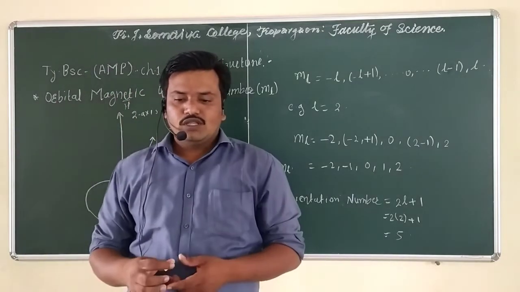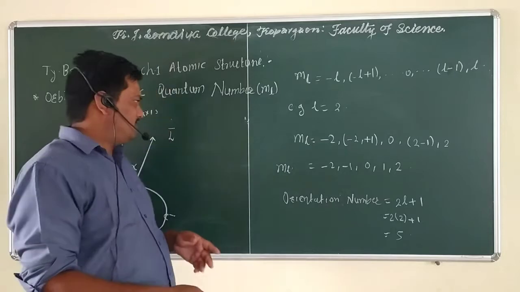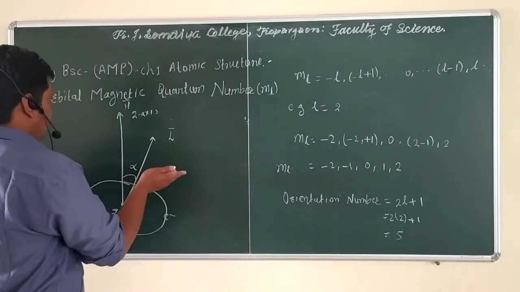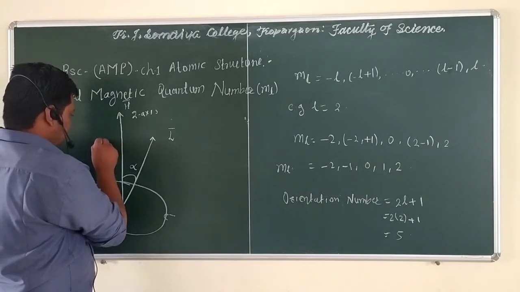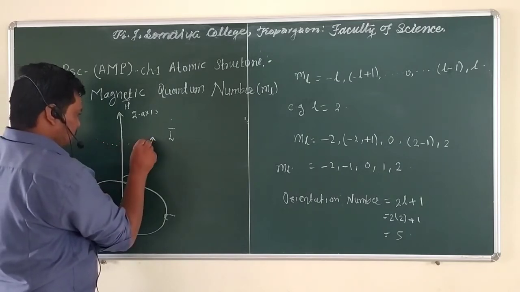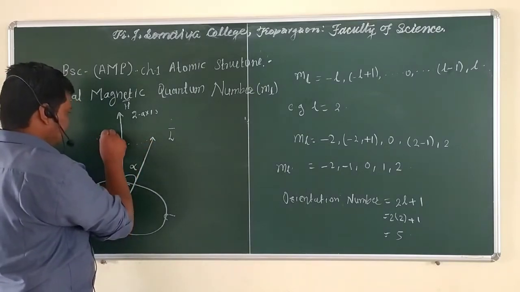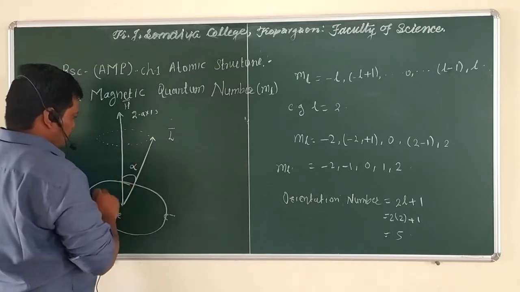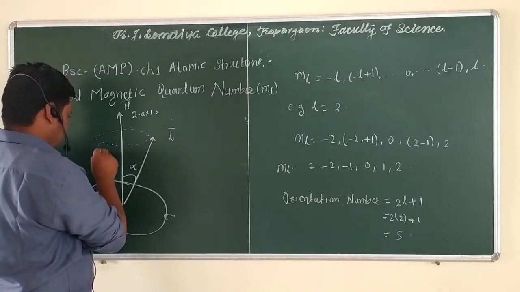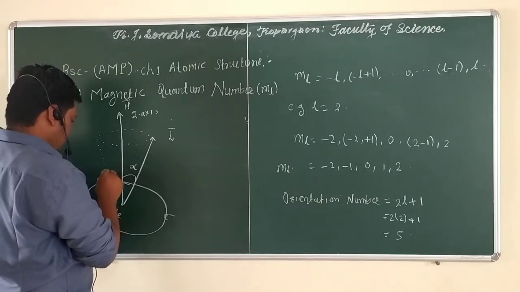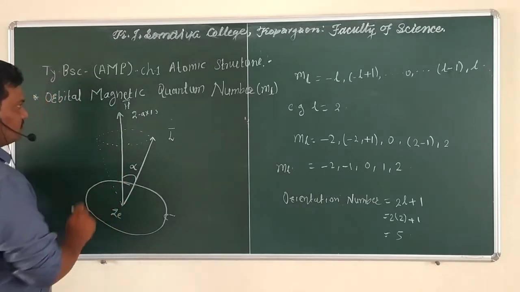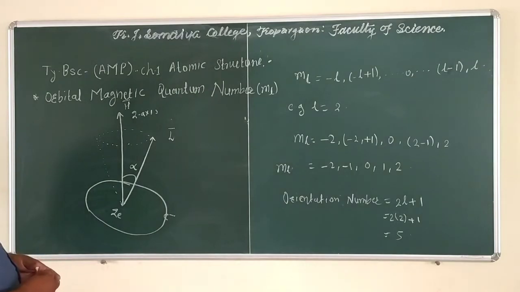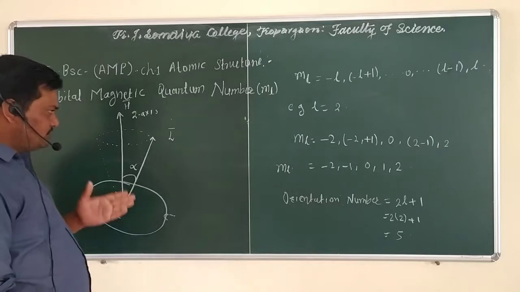Okay, and if we consider the precession of L along this external magnetic field, it is like this, in a conical shape. If we draw the imaginary structure here, consider the precession of this angular momentum as it interacts with the external magnetic field like this.